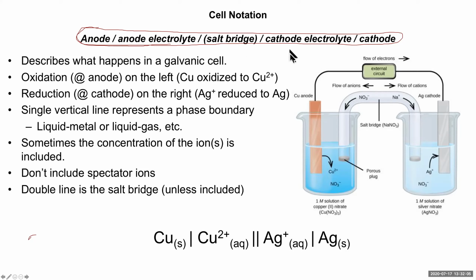On the right side, we have silver ion going to silver. So it's Ag+ going to Ag. That's reduction. And then the cathode is Ag. If you had, like I said, both soluble electrolytes undergoing the reduction, you'd have to write them both there. So anyway, at the bottom, we have the notation for this particular cell, so it's not that complicated. It can be more complicated, but in this case, it's not.